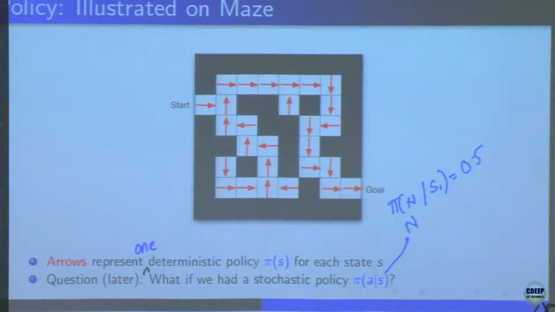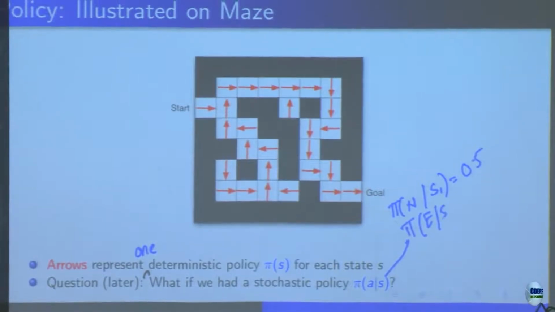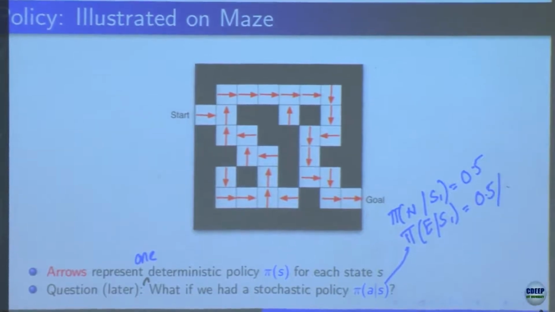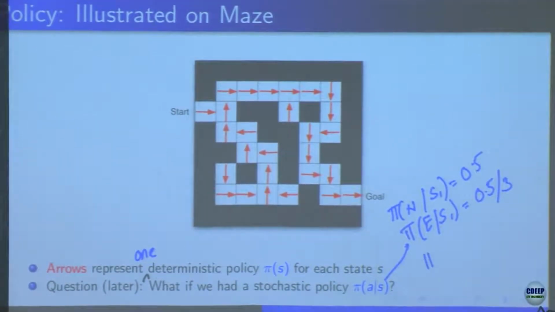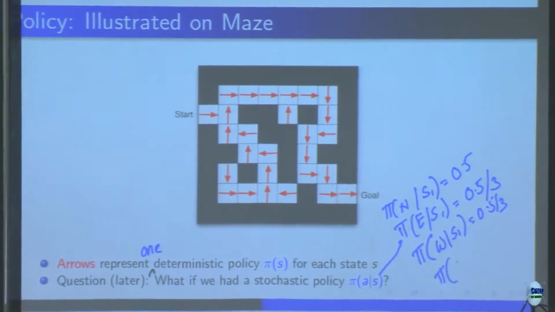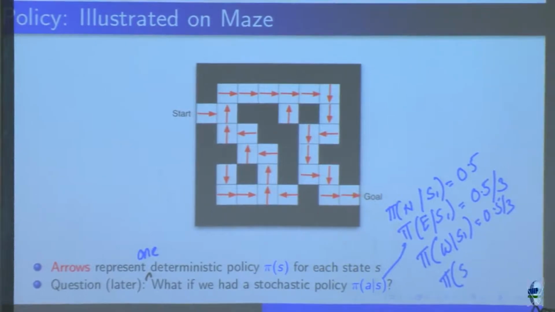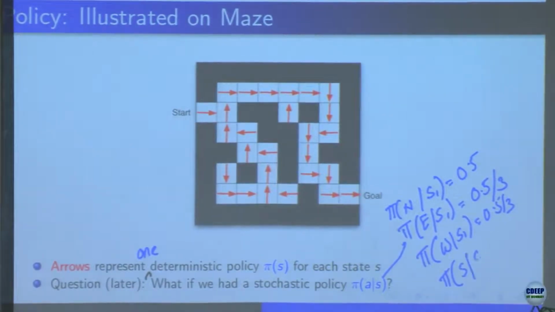I might be more likely to go north than, say, east, west or south, where I might just divide 0.5 by 3 and budget that for the remaining. So this would be an example of a probabilistic policy.